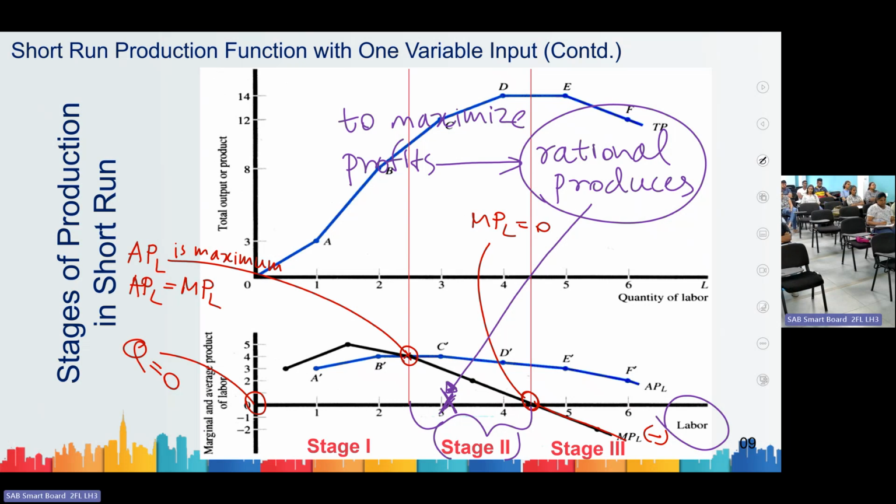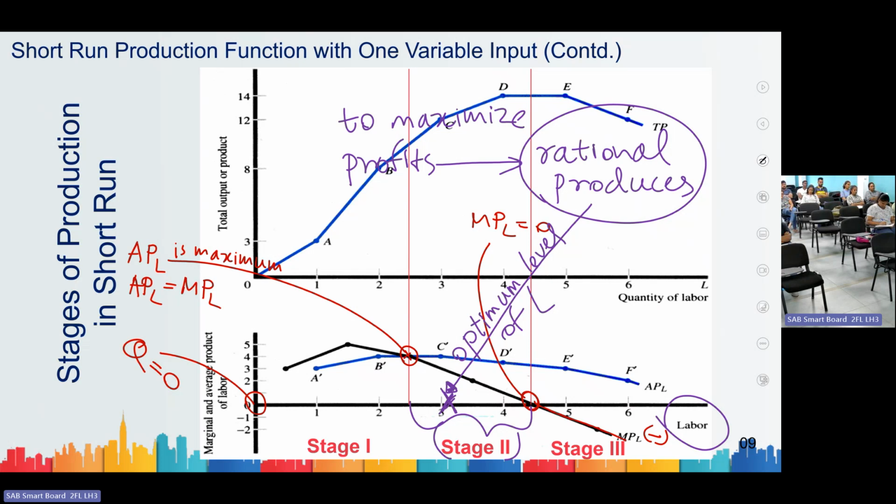In other words, the optimum level of labor the rational producer will use.